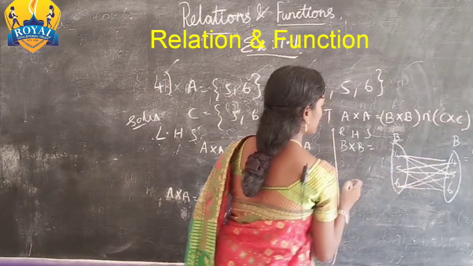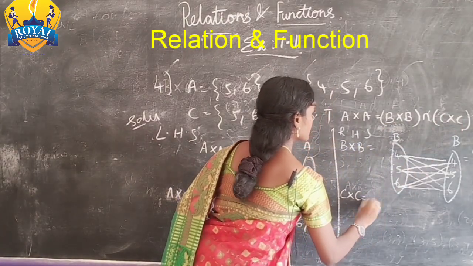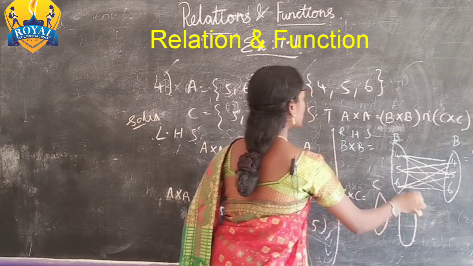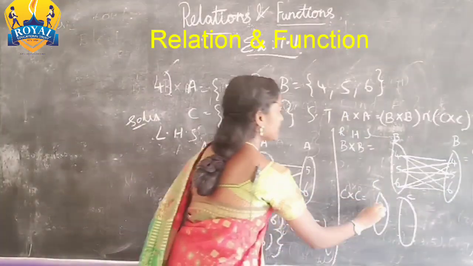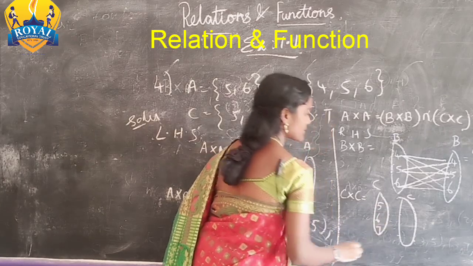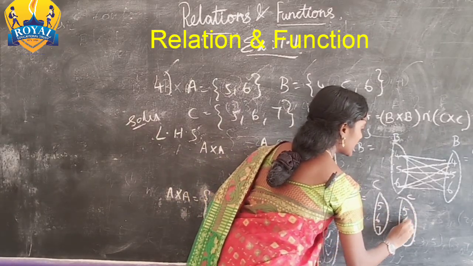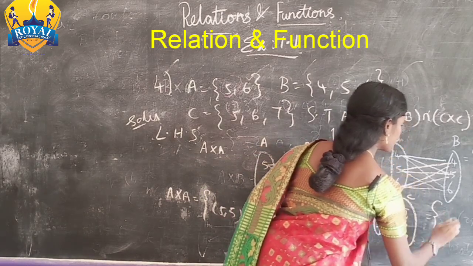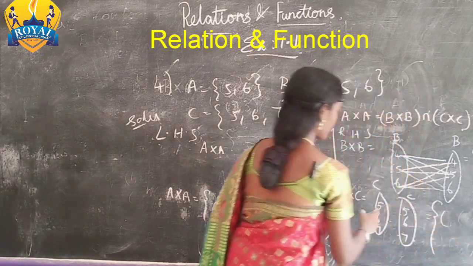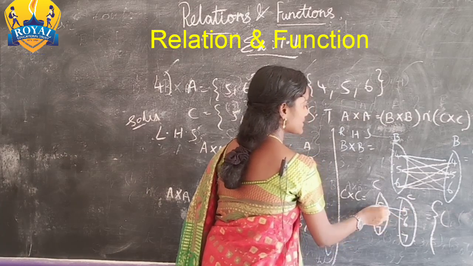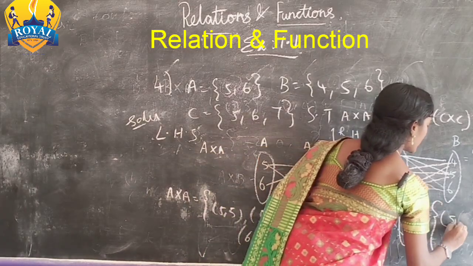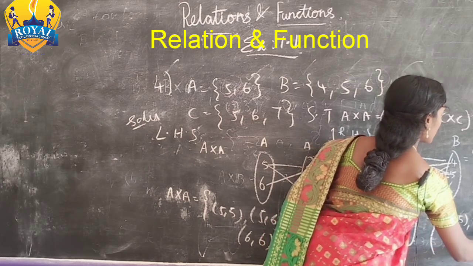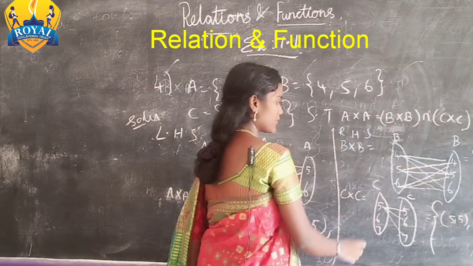Then C cross C. C is 5, 6, 7. Again 5, 6, 7. That means 5, 5, 5, 6, 5, 7.